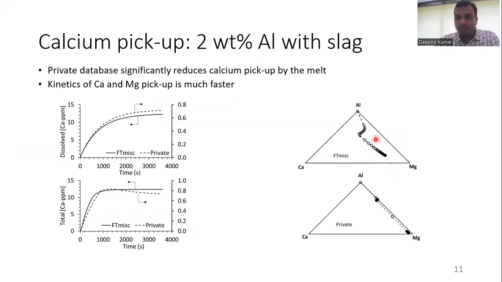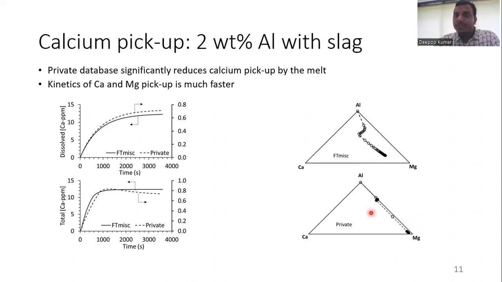Now here we are tending more towards MgO, and I was saying that the kinetics is much faster because this is again with respect to time. This is time equals 0, and it suddenly picks up a lot of magnesium, and then suddenly again you have a lot of calcium. So you can see even further amounts of magnesium and some amount of calcium.